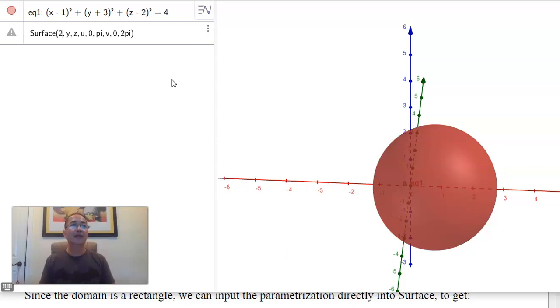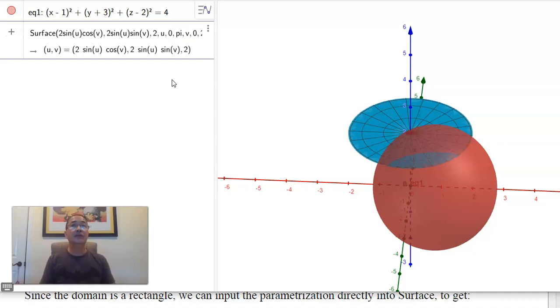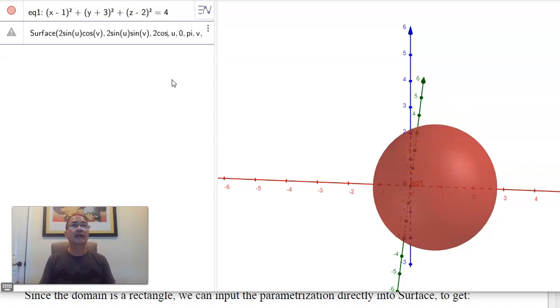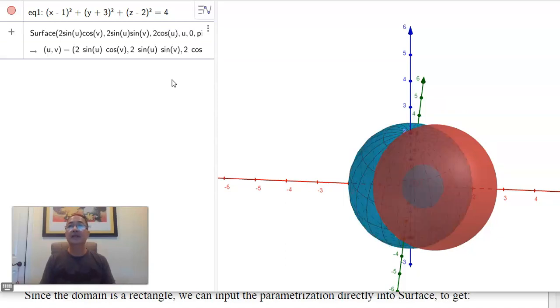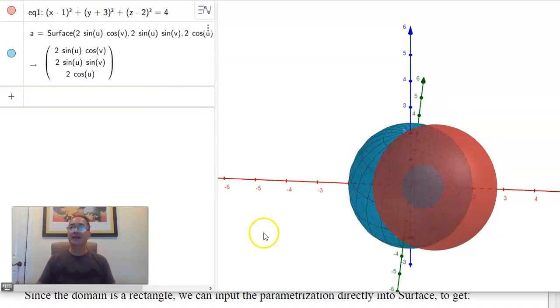So for x and y, do we need sine phi, cosine phi? I believe we need 2 sine u, and then cosine v. And then for y, we have 2 sine u, sine v. And then for z, I believe, 2 cosine u.